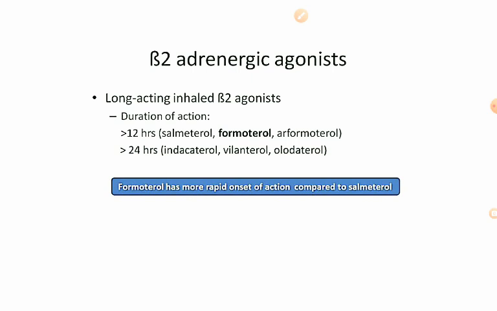By the way, formoterol has a more rapid onset of action compared to salmeterol. That's why it is our controller of choice now for maintenance therapy, not for emergency, both as controller and reliever. If the patient, or our pedia patient, is already at home, it is being recommended that salbutamol will not be used anymore.